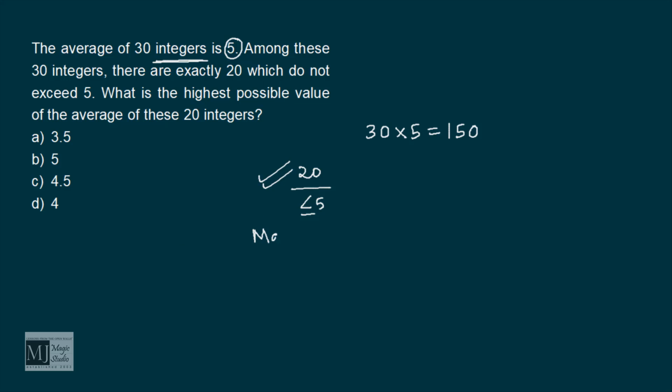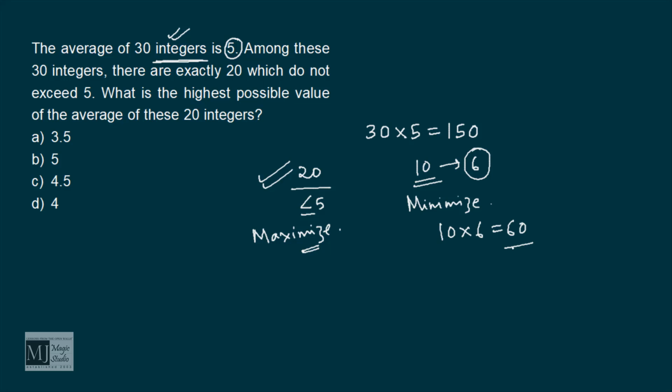I want to maximize these numbers' total. That means for the remaining 10, I need to minimize them. And all these are integers. So the smallest value which I can assign to these 10 is 6, isn't it? So the smallest total these 10 integers can have is 10 into 6, that is 60.